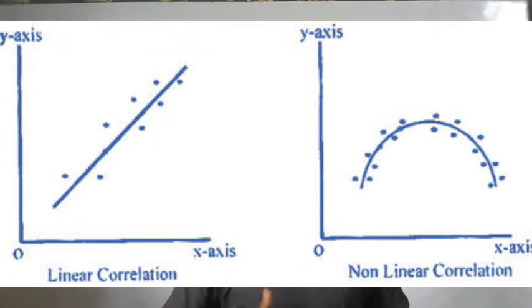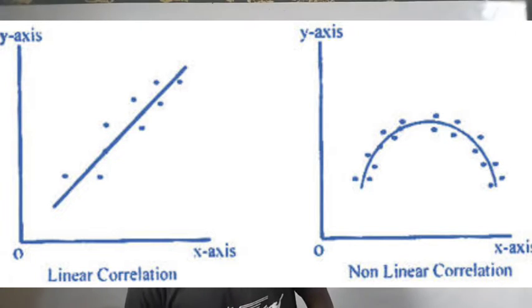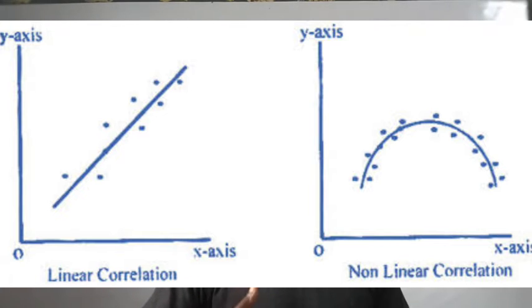That is to say that as a particular variable is increasing, the other is increasing as well, or as a particular variable is decreasing, the other is decreasing as well. So that is called a linear relationship, such that it tends to be modeled after the equation of a straight line. But when it comes to curvilinear, the slope when being plotted varies at every junction, at every point. The slope varies. It's also called nonlinear, like I said initially.